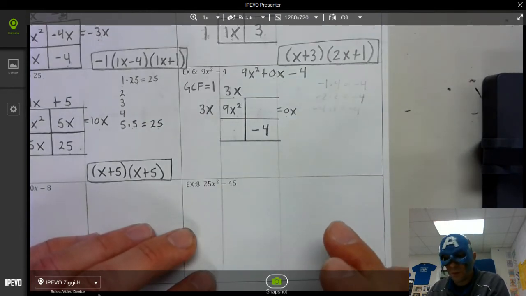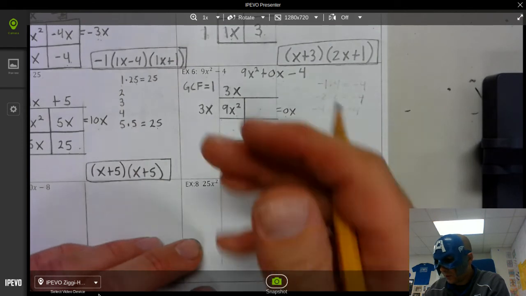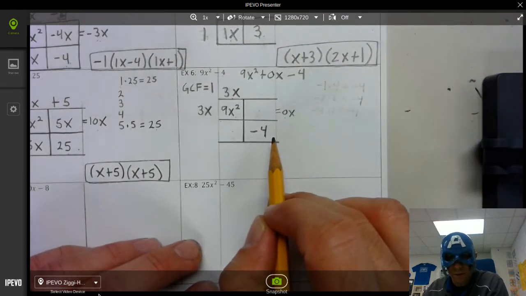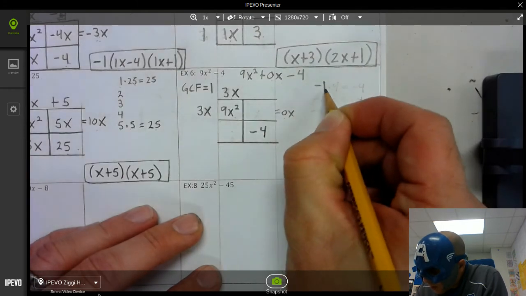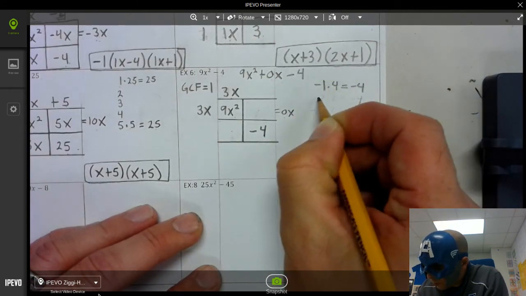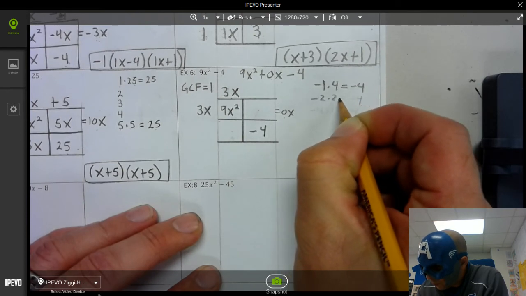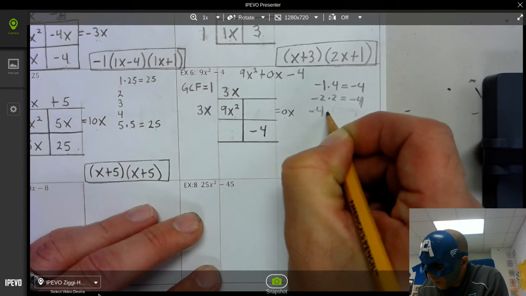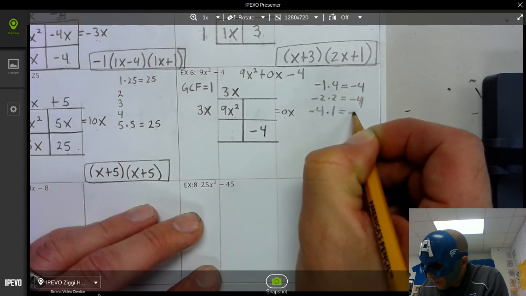You might ask yourself, well, why, Mr. Luke, 3x and 3x? Well, let's watch. Now, I erased the combination of negative 4, but I'm going to rewrite those because actually these are still okay. Negative 2 times 2 and negative 4 times 1.